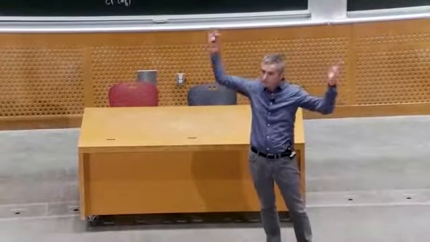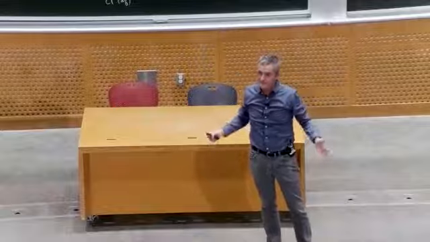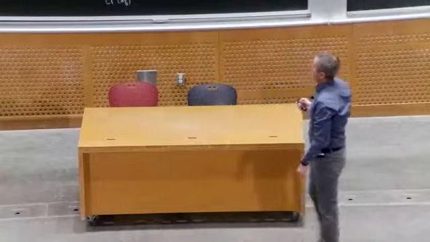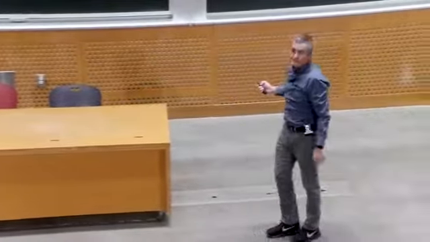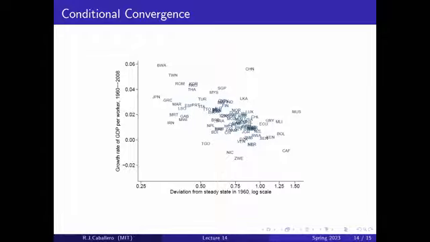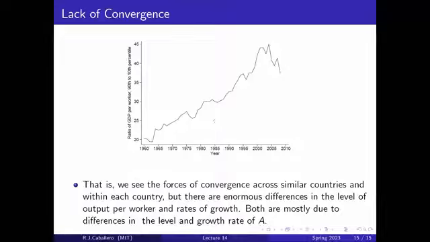Not with respect to the global universal steady state, but with respect to your own steady state. And when you do that, you see that some countries that in the total sample look like they're not growing are growing. They're just growing relative to their own steady state, which has little growth and low levels of technology and so on. And so that's a conclusion of this conditional convergence literature.